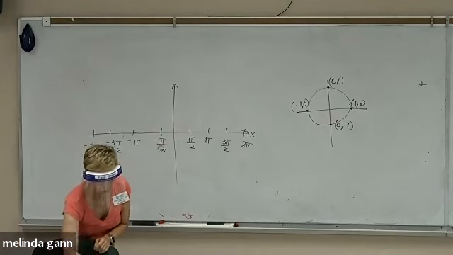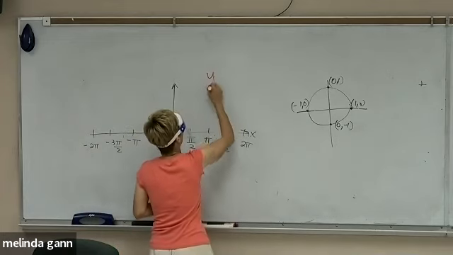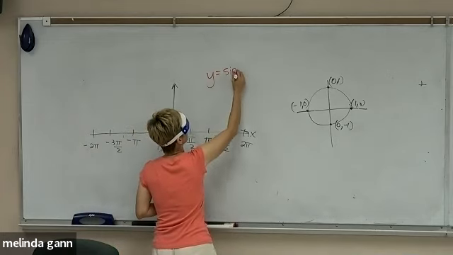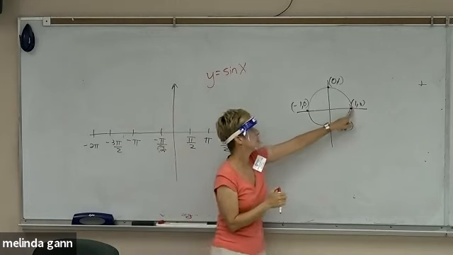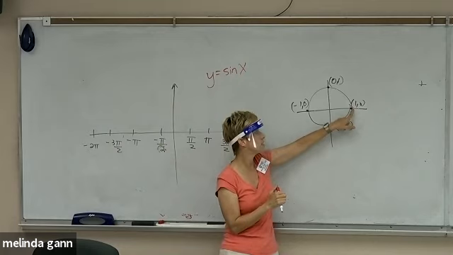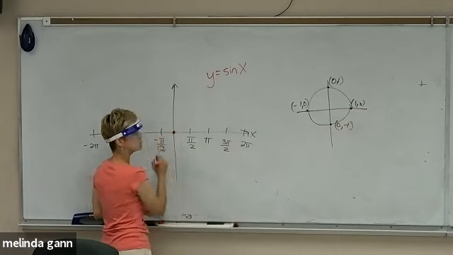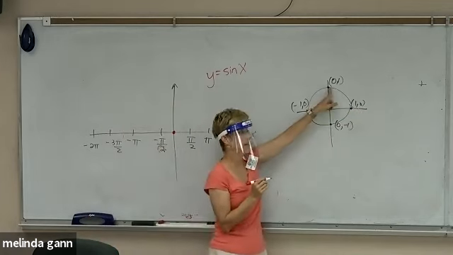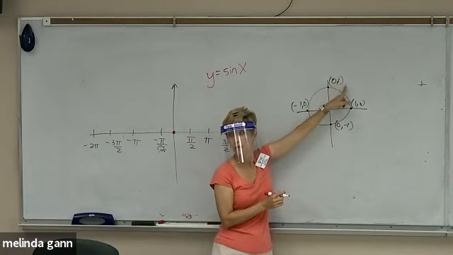All right, if I'm doing the unit circle, suppose I want to graph y equals sine x. At 0, what's the sine of 0? Is sine the same thing as your y coordinate? So what's the sine of 0? 0. What if you're at 90? 1. The sine is your y coordinate, which is 1.